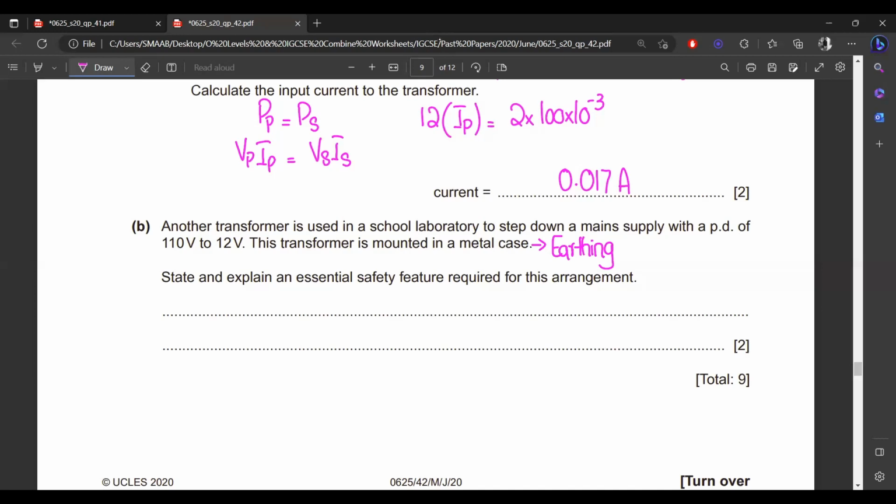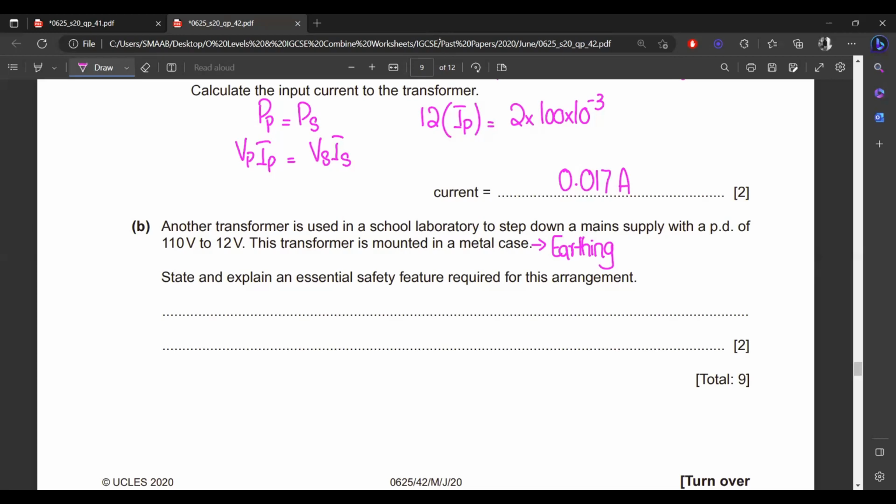Any other? Because the question is for 2 marks. A fuse? Fuse is not required in this concept because the wire is not going to melt. Insulation, you just need to remember all the safety precautions we studied, because now there are not different components that we need to save.